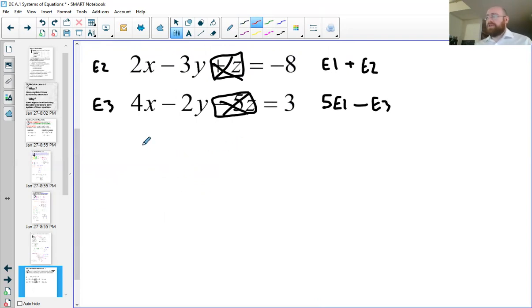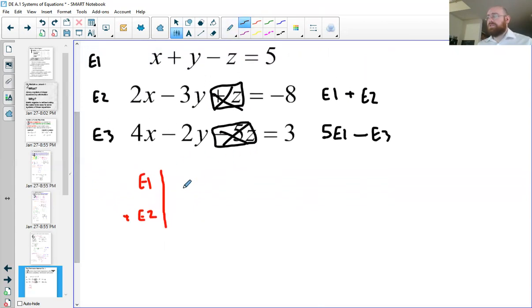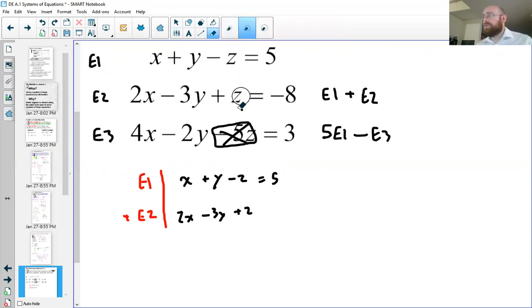So we have E1 plus E2. So really straightforward. That's x plus y minus z is equal to 5. And then 2x minus 3y plus z equals negative 8. I should erase these so I can make sure I'm copying things correctly.